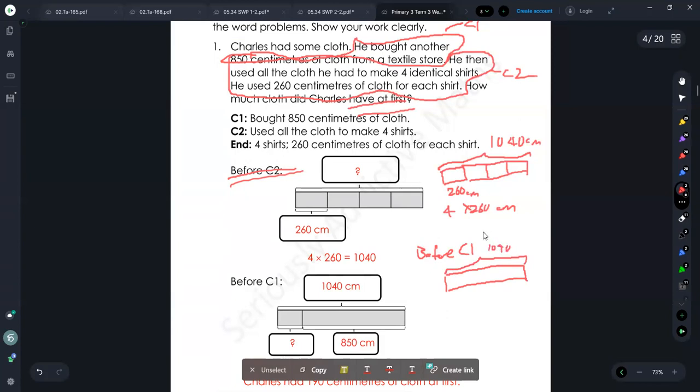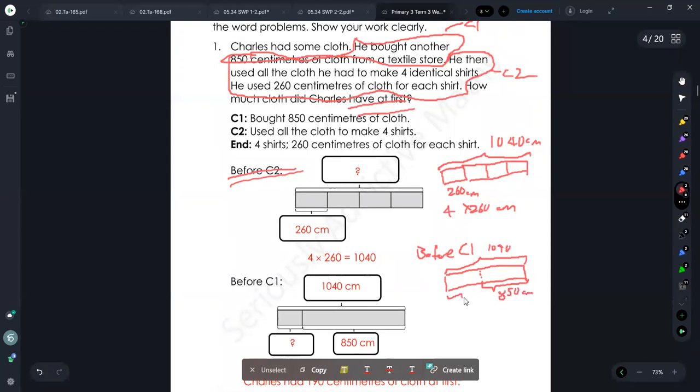Change 1 says here he bought another 850 cm of cloth. So that means that before getting 1040, he bought 850 cm and then had 1040. At first he doesn't have 1040.